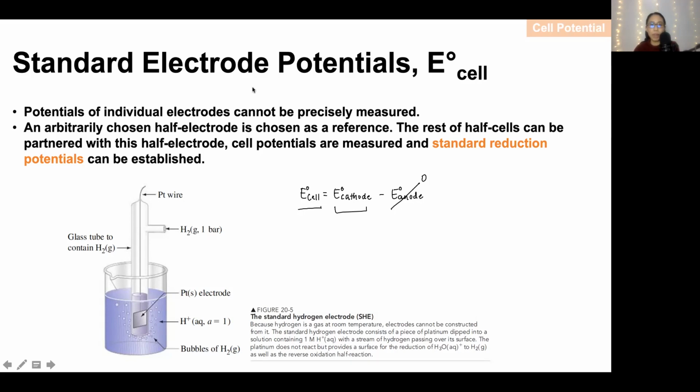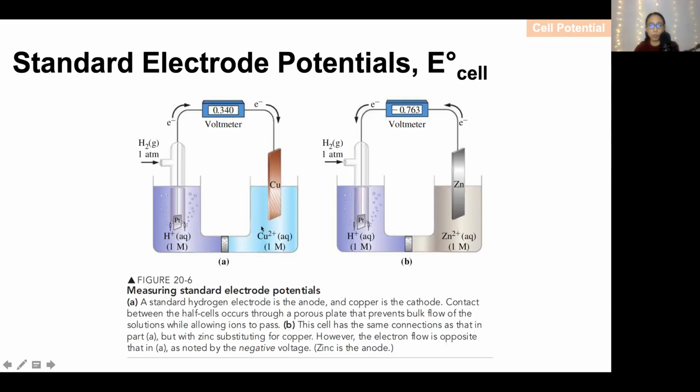So it means that if I connect another half cell to this standard hydrogen electrode, let's say a copper electrode or a copper 2 plus half cell, and we measure a cell potential of 0.340 volts, it means that I have a standard electrode potential of 0.340 volt for the copper 2 plus to solid copper electrode.